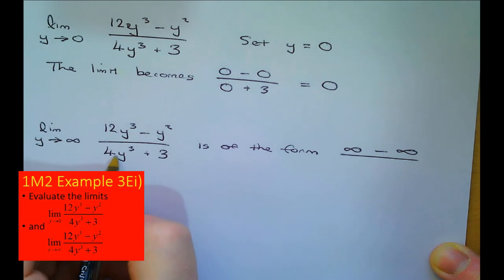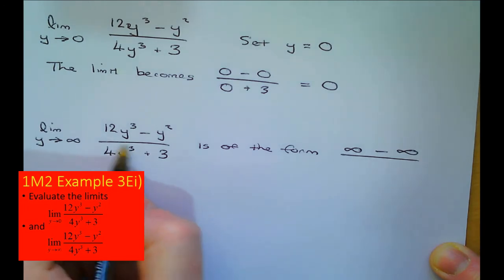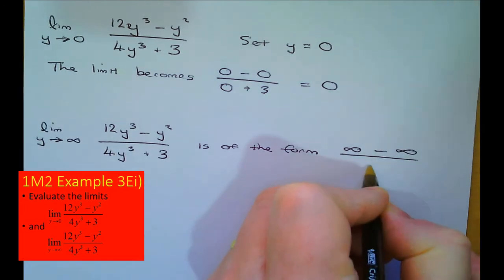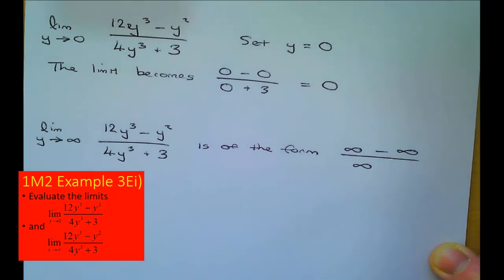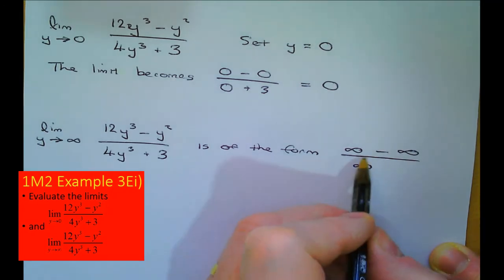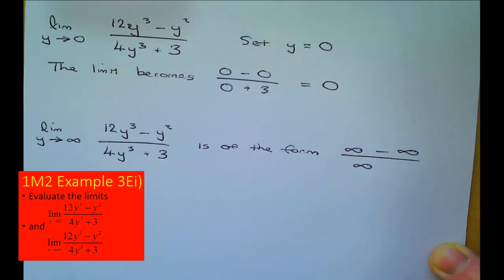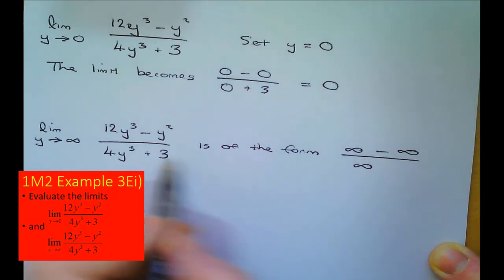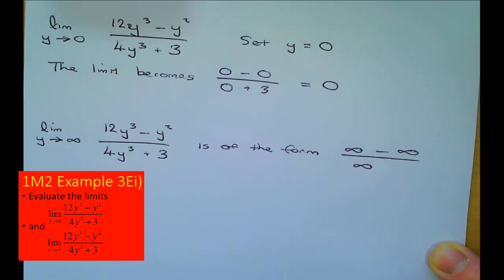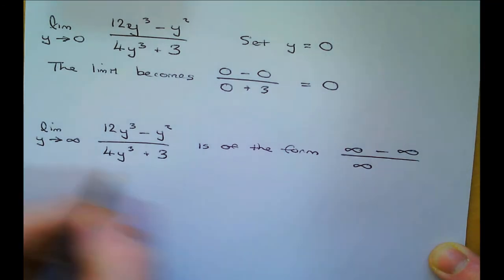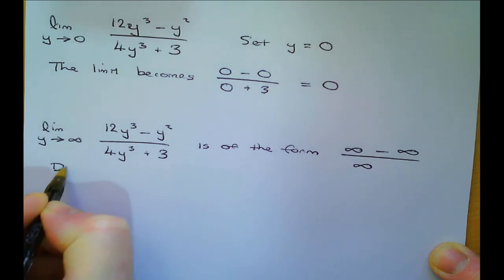And on the bottom, we'll have 4y cubed. That too is something that is infinite. So, this is not a meaningful expression. Adding the 3 on here will not make any difference. We need to try something different. And what we're going to do, let's divide top and bottom.